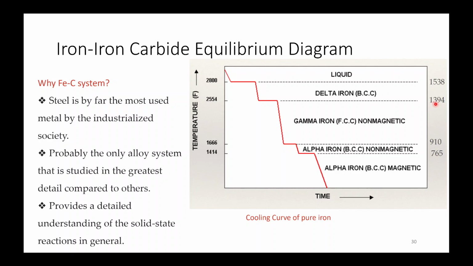After this, at 1394 degrees Celsius, it will convert into gamma iron, which will also be non-magnetic and FCC type of structure. After this, it will convert at 910 degrees Celsius to alpha iron, having non-magnetic properties and BCC structure. At 765 degrees Celsius, it will convert into magnetic alpha iron.